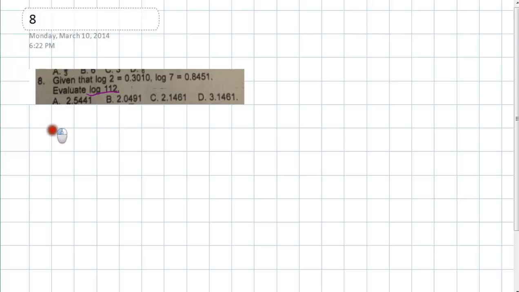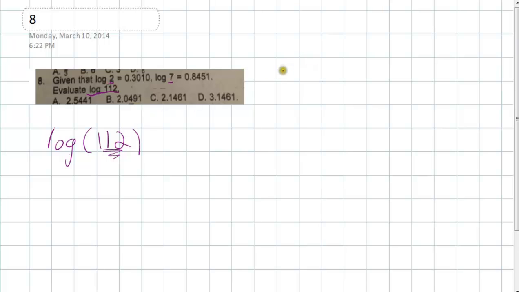So log of 112. Remember that you can break up this number using these two numbers. So 2 and 7 can go into 112, and in fact they'll multiply to 112 if you have several factors of 2.